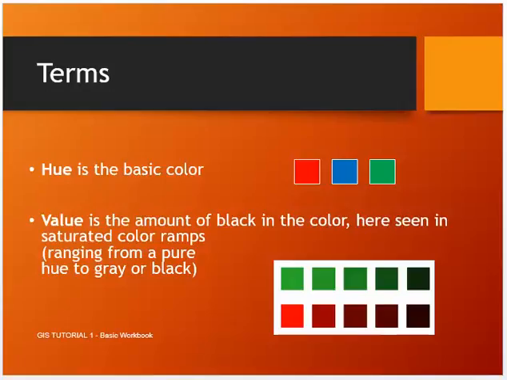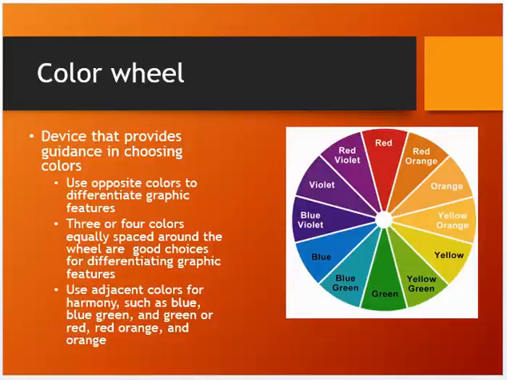You see there in the bottom right some examples of a green and a red color ramp adding more and more black until they go from green to black, red to black. So that's what the term value means when you're talking about color. Color wheel, everybody's friend when I was in architectural design school.